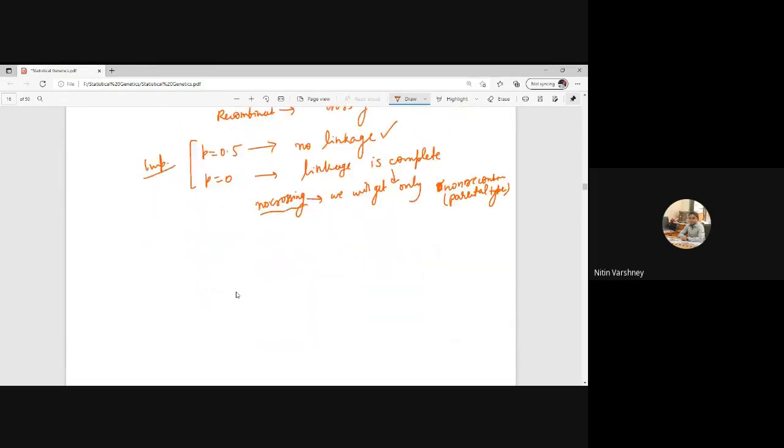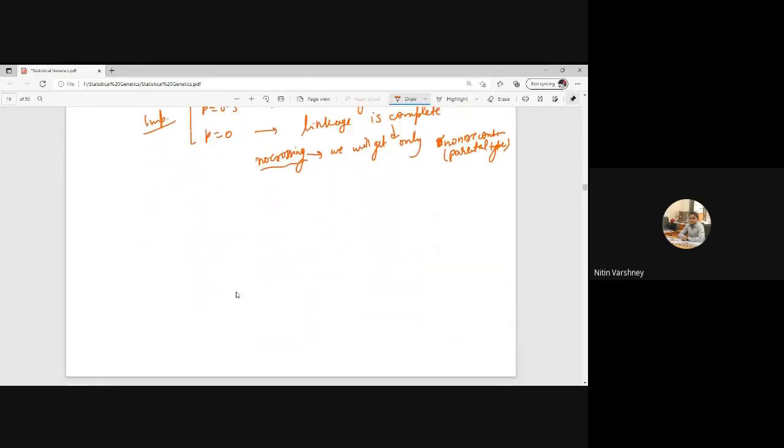Now if I write capital A capital V, capital A small v, small a capital V, small a small v, in coupling phase and in repulsion phase, the probability, in coupling phase, these are my recombinants, isn't it?